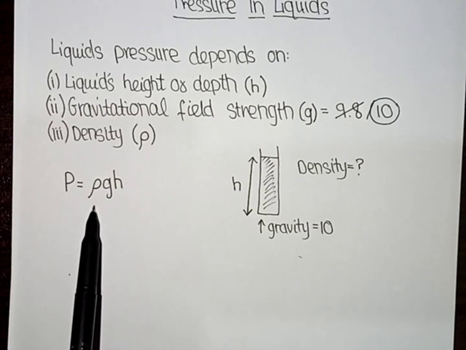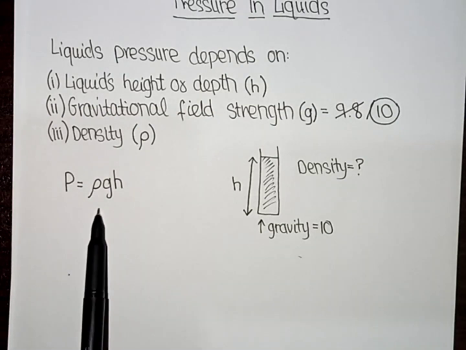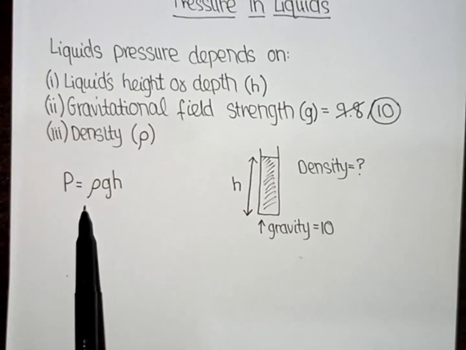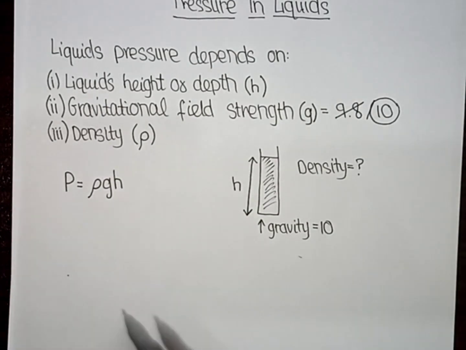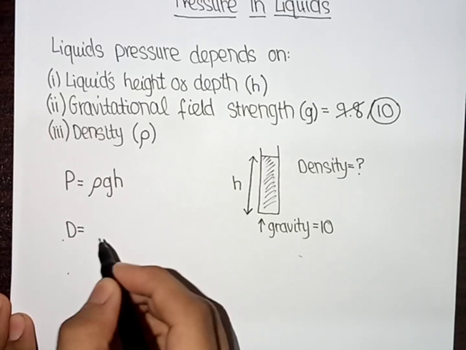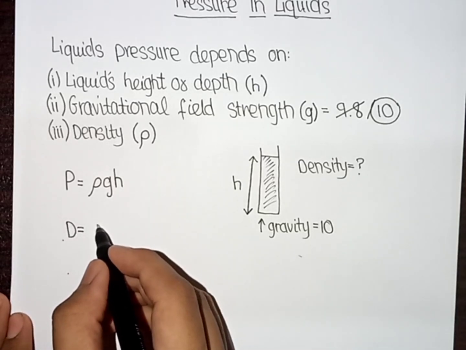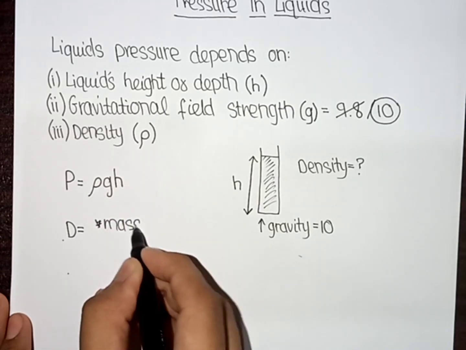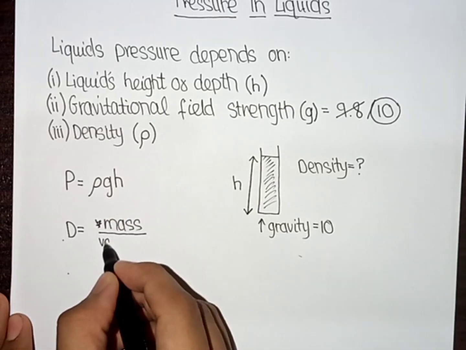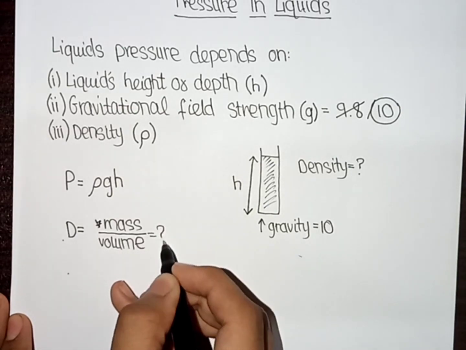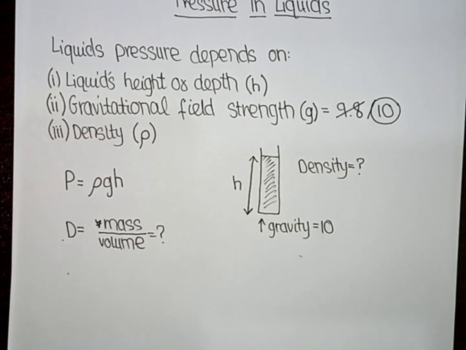However, they can also leave out one value. For example, they can leave out the value of density. So you need to first identify and find it, as mass divided by volume, to answer the question.